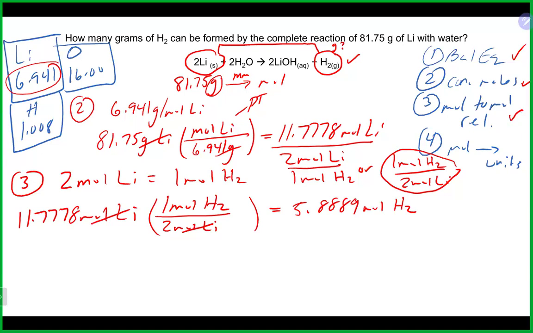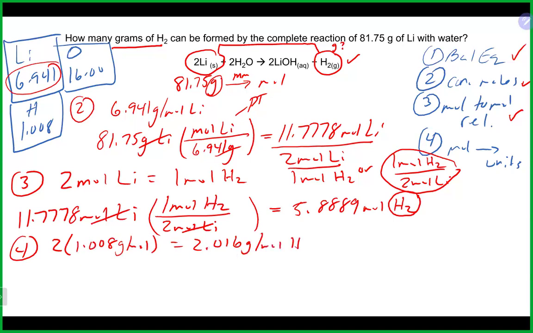In this case, do I need to do step number 4, which is take those moles to some other unit? I do, because we're looking for grams, right? So we do need the molar mass here, but at this point we do need to remember that we have now converted to H2, which means we need the molar mass of H2. So back to the periodic table, 2 hydrogens, each at 1.008, 2.016 grams per mole for hydrogen.